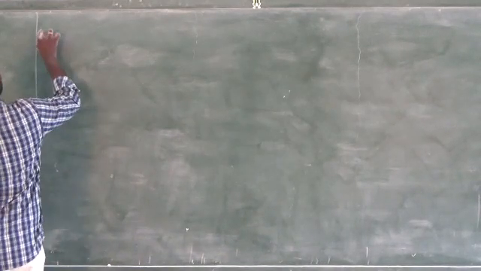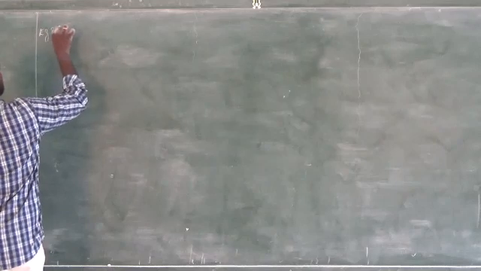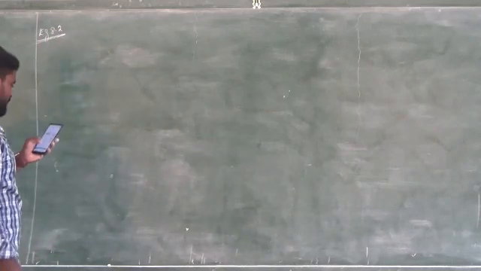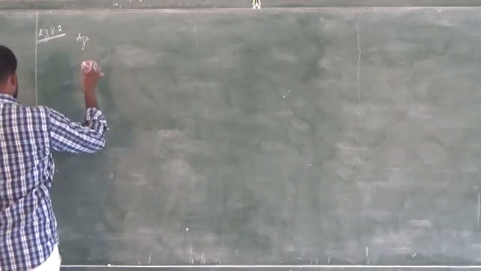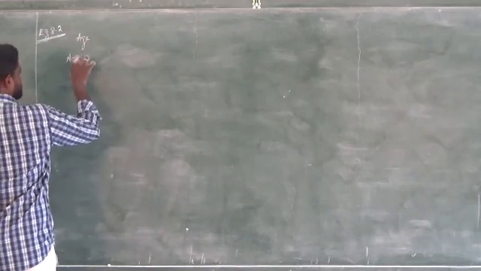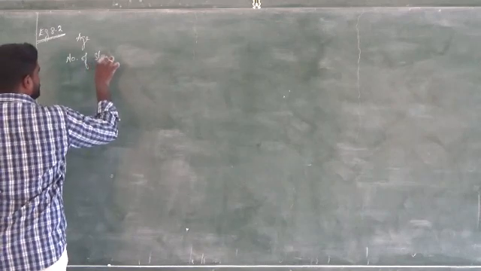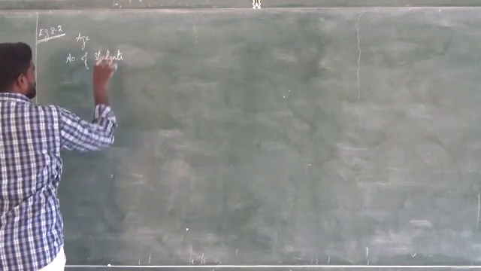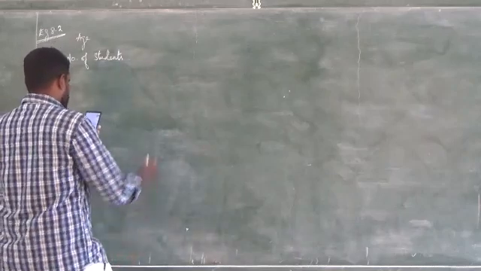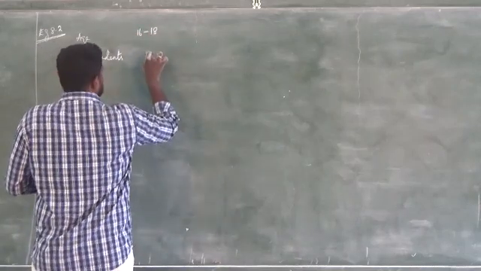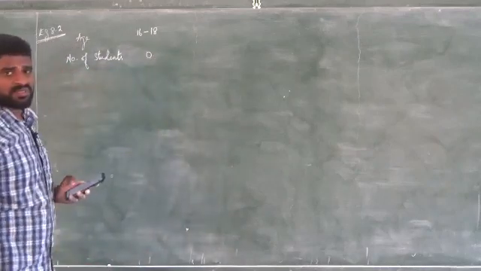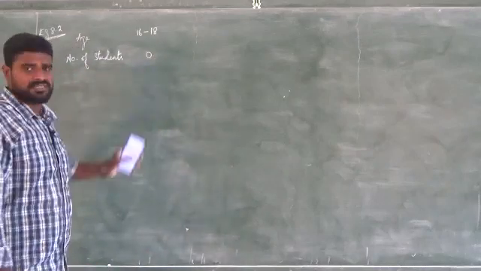So example 8.2. They have given one table. In the table they have given age and the number of students. The first age group is 16 to 18, but the number of students is 0.